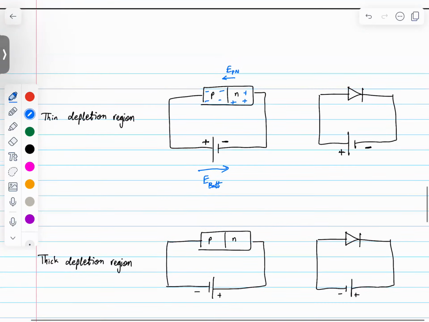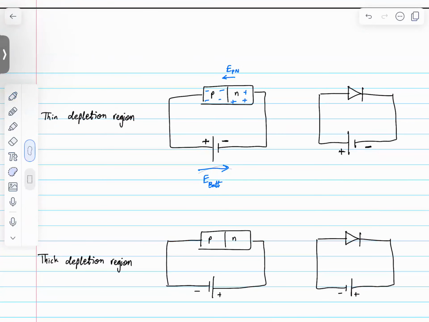Let me write this in another way. Let me move this upwards here. You can see here, the electric field of the battery is basically in the opposite direction of the electric field of the PN junction.